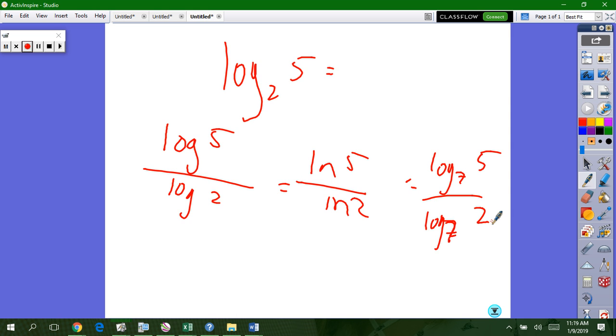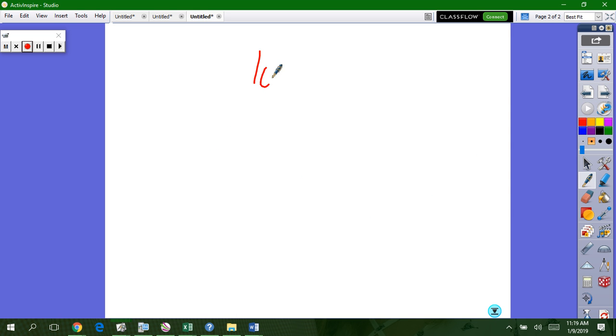Okay, let's say I say, find this without using your calculator. So this one, I could do it this way and say 16 to some power is 1/4, right?